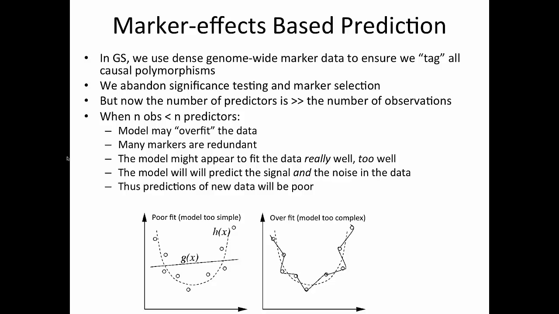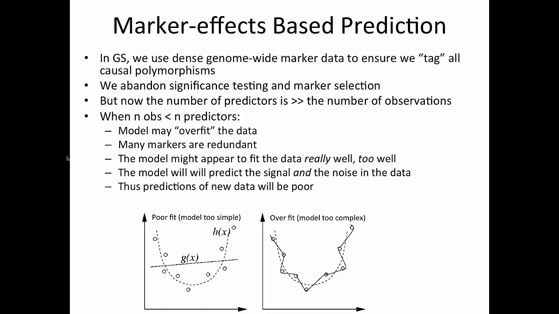We want to capture the genetic signal in our data so that we can make good predictions, because we have a certain data set that we're using to estimate these effects. We're then going to get new individuals that are genotyped but not phenotyped, so they're effectively new data, and we're going to try to predict their genetic value. So this overfit model would not be good.